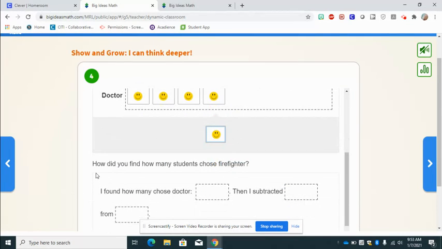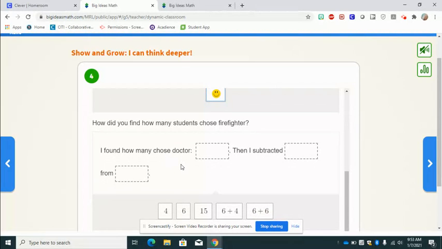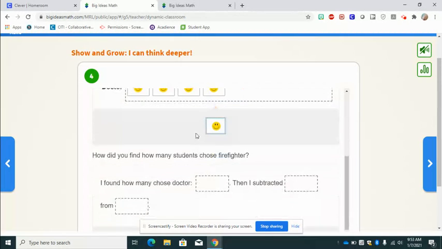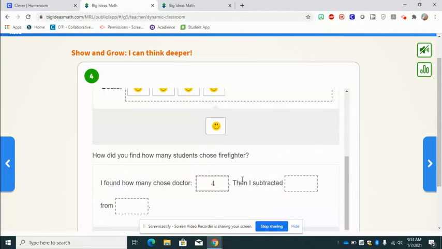All right, and at the bottom it says, how did you find out how many students chose firefighter? I found how many chose doctor. So how many chose doctor? And let's go back and look. 4 students chose doctor, so we're going to put our number 4 here. Then I subtracted blank from blank.